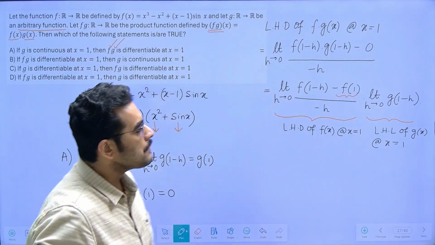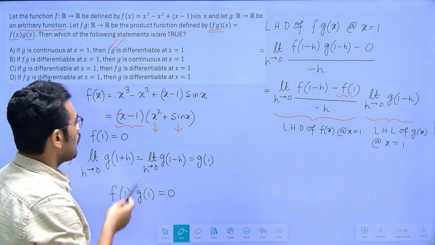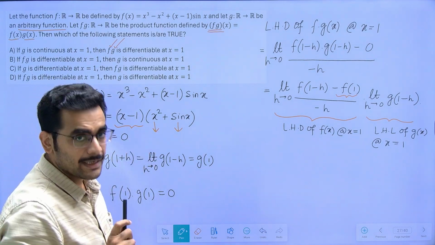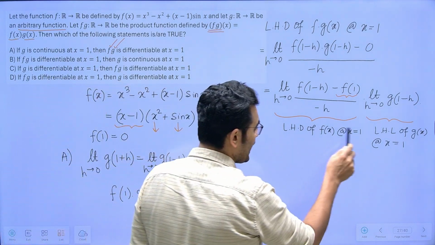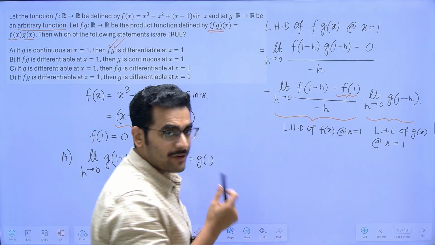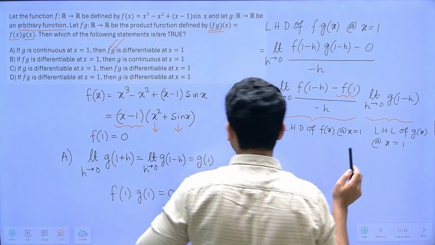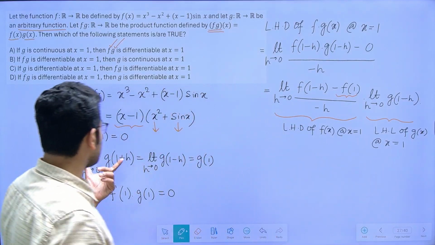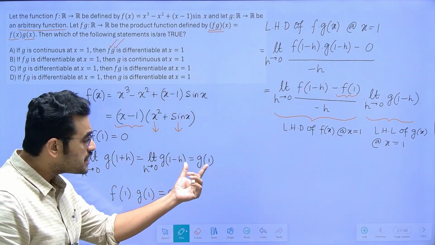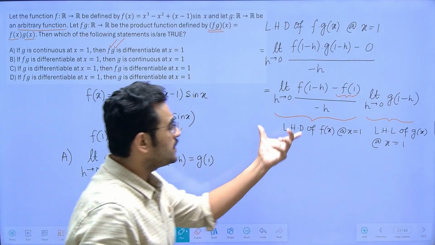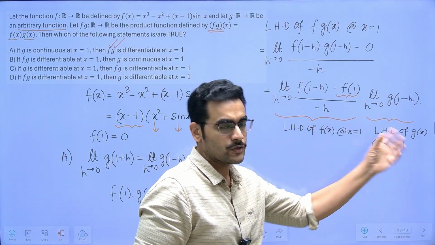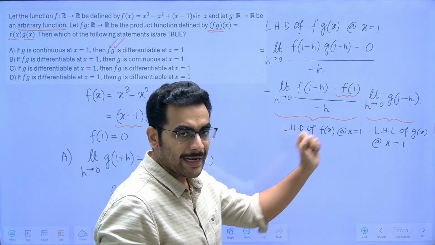Now you see that we already know that f(x) is differentiable at x equal to 1. That means this value LHD is a finite quantity and function g is also continuous at x equal to 1. That means this LHL value should be equal to g(1), which must be a finite value. So this is finite and this is finite, so the product is a finite value.